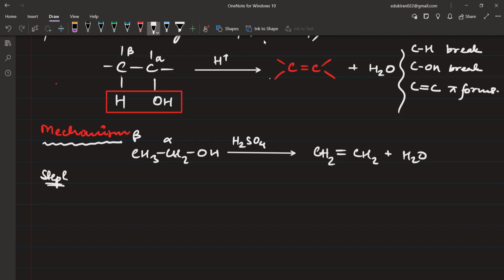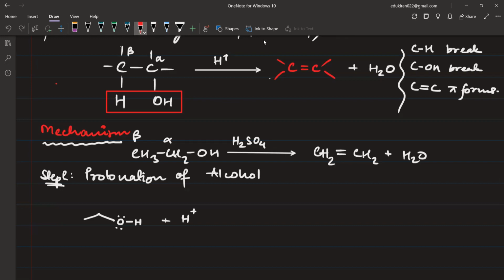Right here, step 1: protonation of alcohol. We have 2 carbon atoms, oxygen, and 1 hydrogen. These are the lone pairs. Plus we have H plus from the H2SO4.